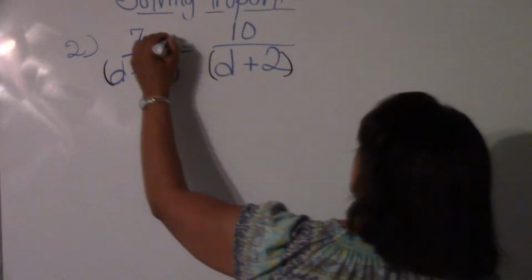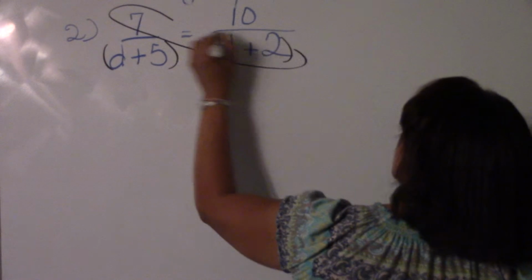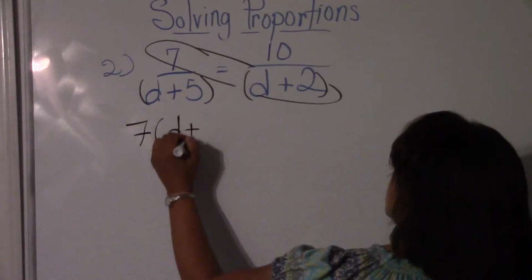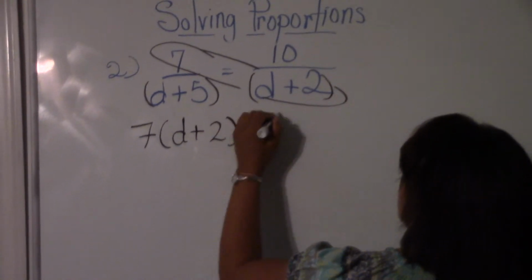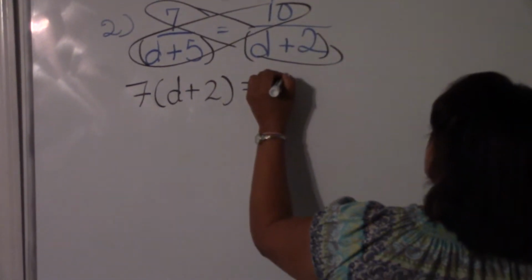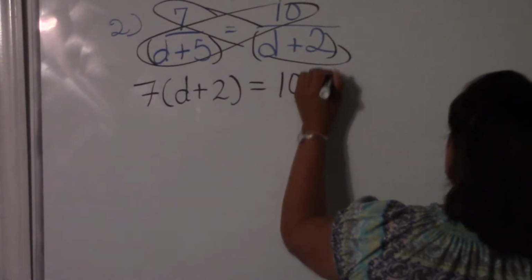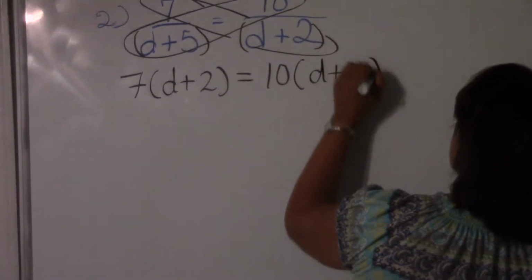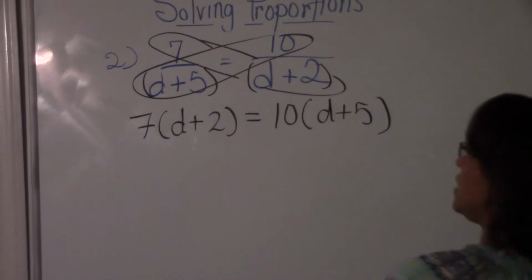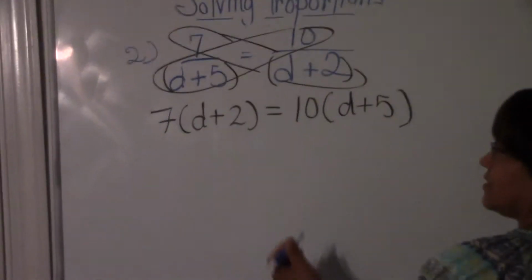And now when we cross multiply, we're going to distribute 7 times the expression d plus 2 is equal to 10 times the expression d plus 5. Okay, that looks a little complicated, but it's really not. It just looks bad. Now we can work it out.